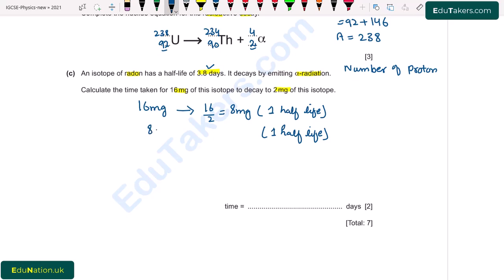It means that 4 mg decays and it becomes 4 mg. But we have to decrease this amount to 2 mg. So again one half-life passes and 2 mg decays again and it becomes 2 mg. Here we can see that a total of 3 half-lives pass.